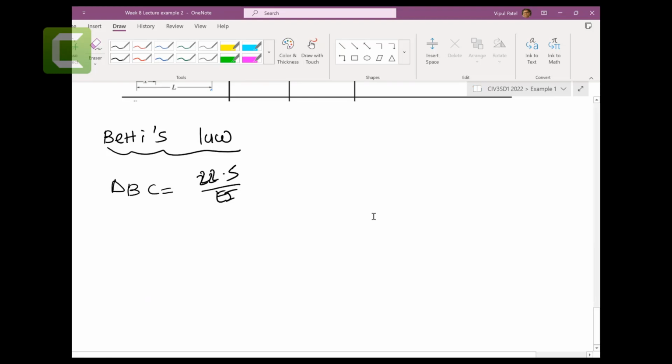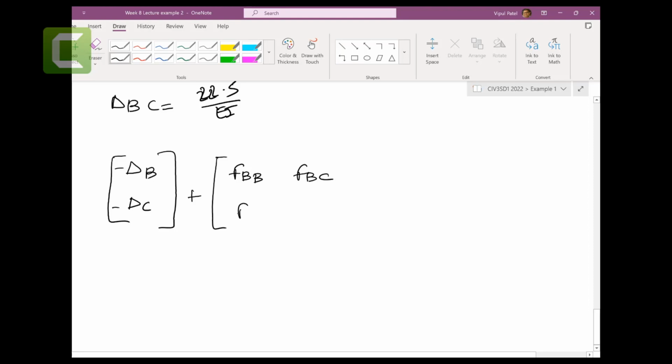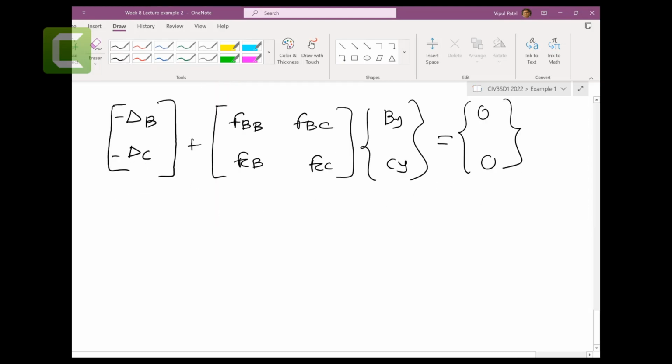Let me get the equations. The equations that we got are delta B, delta C, with minus signs, plus the flexibility coefficients FBB, FBC, FCB, FCC, times BY and CY, equal to 0. Now let's plug in the values.